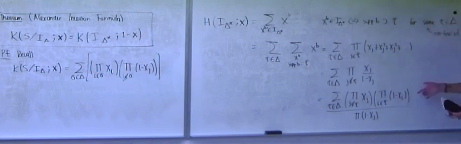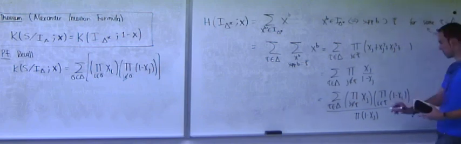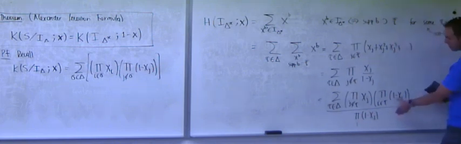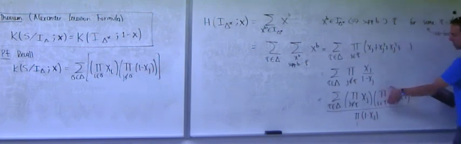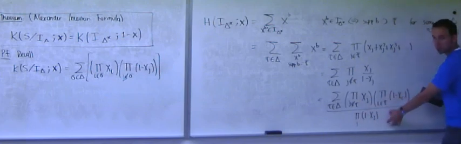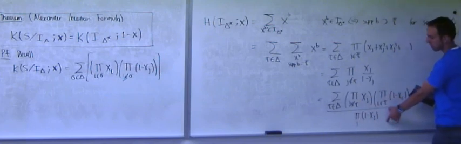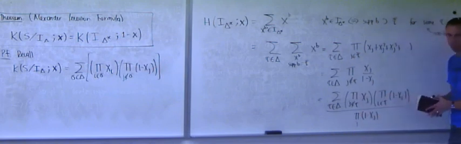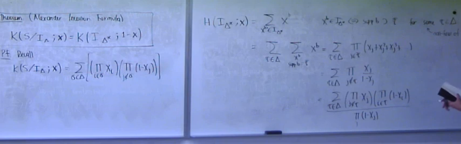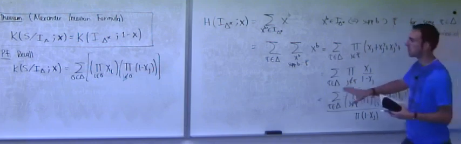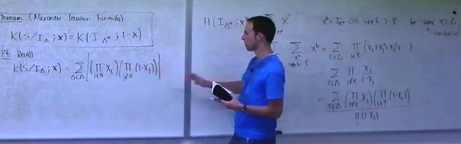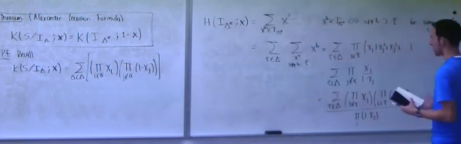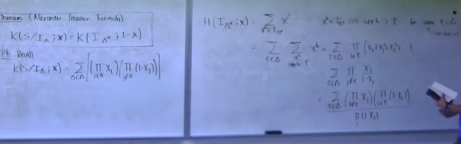If you see this, when I compute this, all of the terms in tau are going to cancel all of the terms in tau here. And for each term not in tau, I'm going to get xj over 1 minus xj. Okay. So I do this quickly because this is almost the same computation we did earlier to prove this. Actually, this is exactly the same computation, except now we're doing it for delta star.